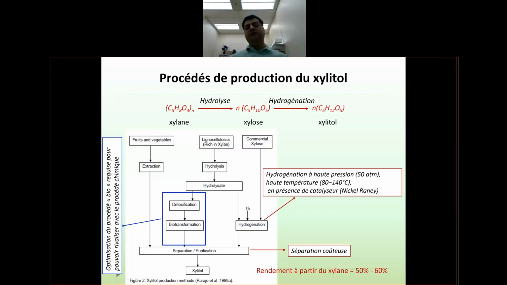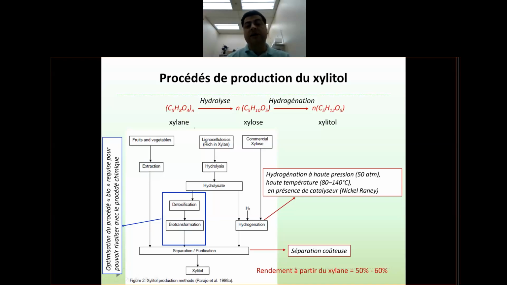Xylitol, as we will see, is a chemical that has food applications, even pharmaceutical and medical applications. So it's a very interesting chemical. But xylitol can be produced directly from xylene, okay?